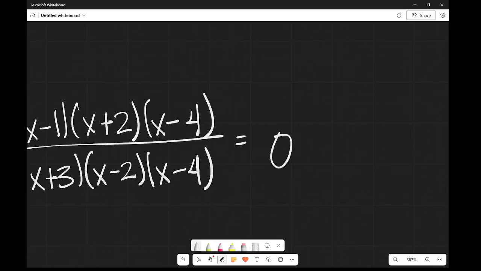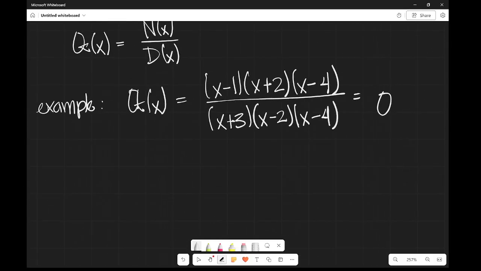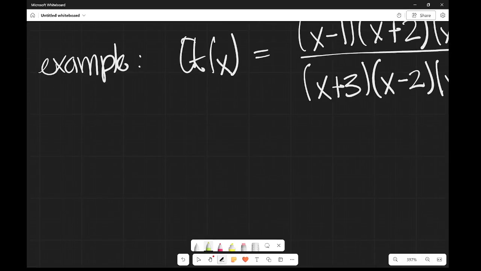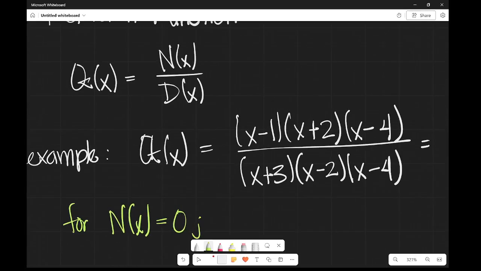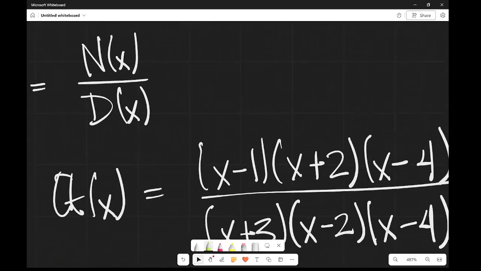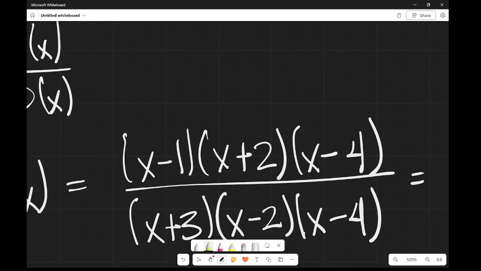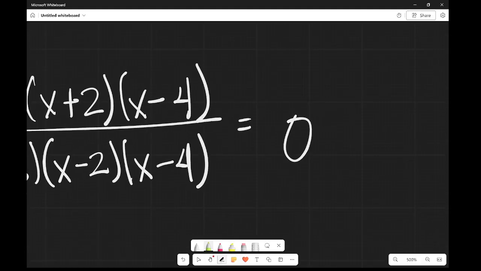All right, so what do we know about rational functions? Well, for the numerator function, let's check when it equals 0. I'm going to label these two: this is n of x and this is d of x.